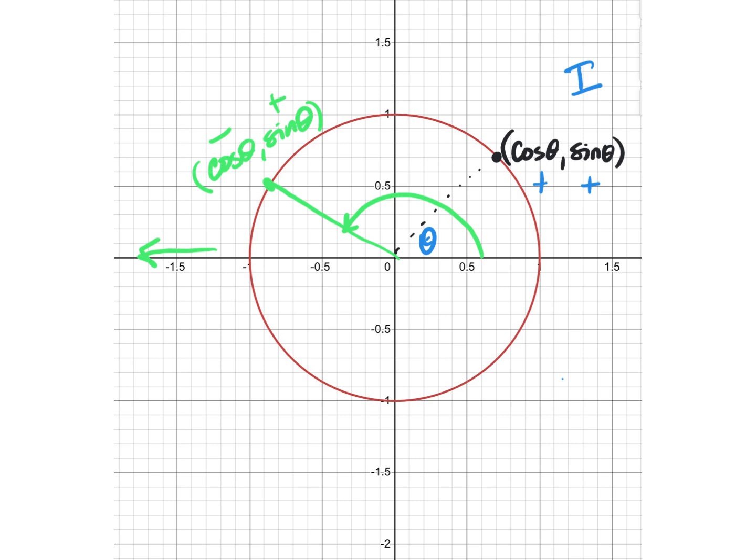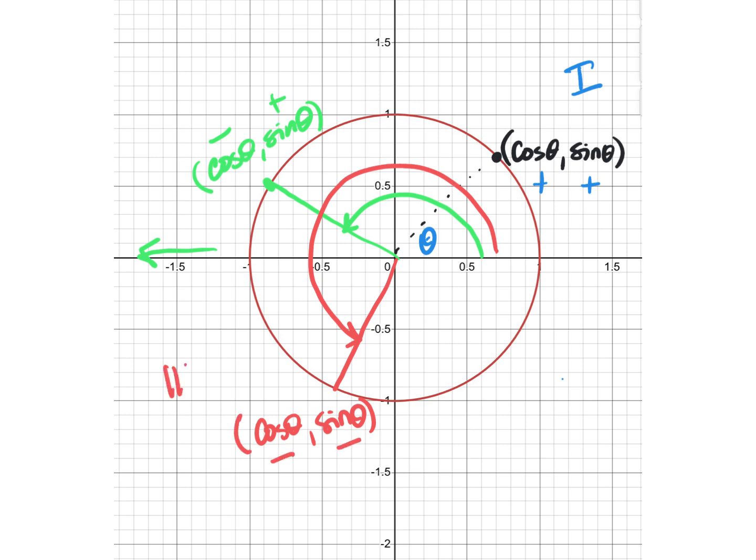If we were looking at an angle all the way in the third quadrant, let's say here, the x and y coordinates will both be negative because in the third quadrant, we have negative x coordinates and negative y coordinates as we go down.